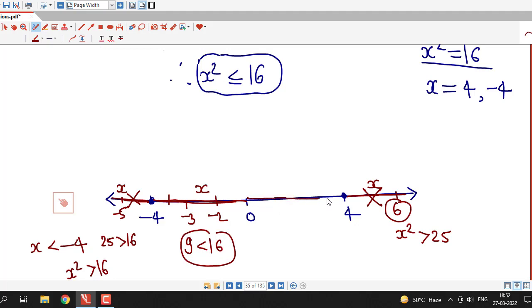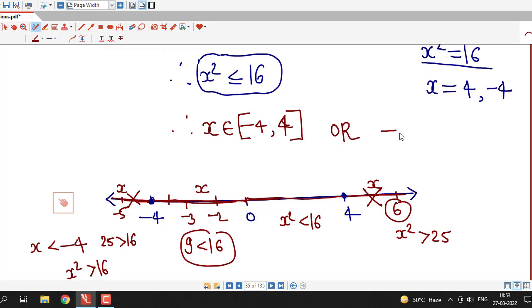Similarly, if we take any x between 0 and 4, including 0, then also x square will remain less than 16. So the possible values of x for which x square is less than or equal to 16 are in between minus 4 and 4, including minus 4 and 4, or we can write that the possible values are minus 4 less than or equal to x less than or equal to 4.